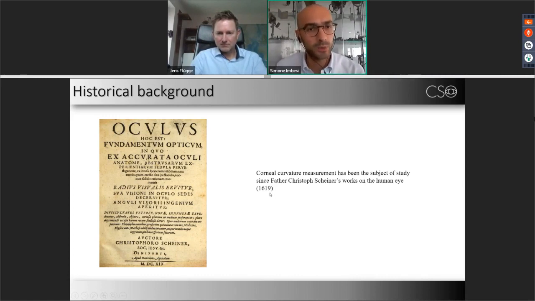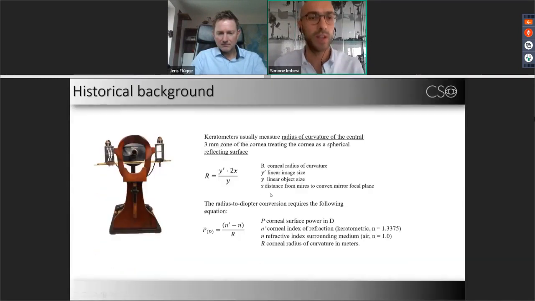In the next 2 centuries, based on this principle, 2 devices were developed. The first was the ophthalmometer. This device allows measuring the corneal curvature in the very central part in 4 points. Thanks to these devices, it's pretty easy to get the radius of curvature.